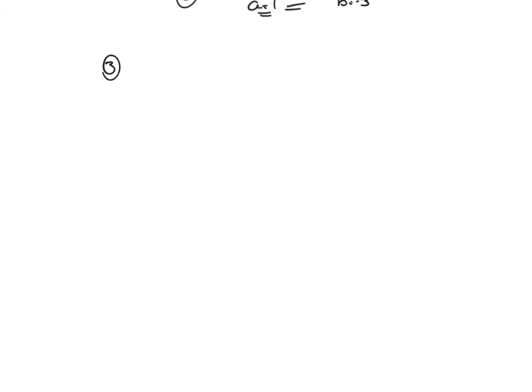Okay, example 3. For the recurrence relation u(n+1) equals mun plus c, u2 equals 20, u3 equals 16, and u4 equals 14.